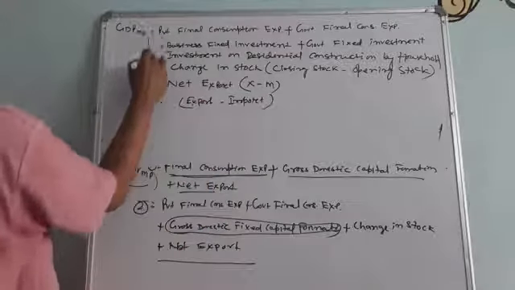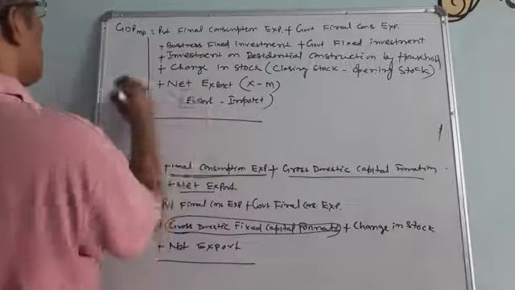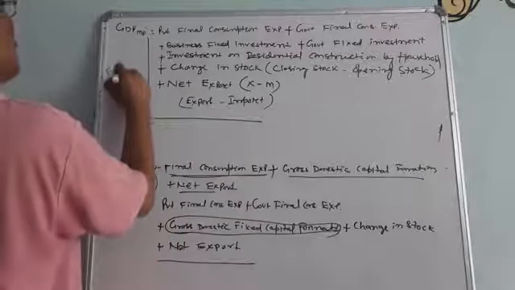This is the formula of gross domestic product at market price by the expenditure method.